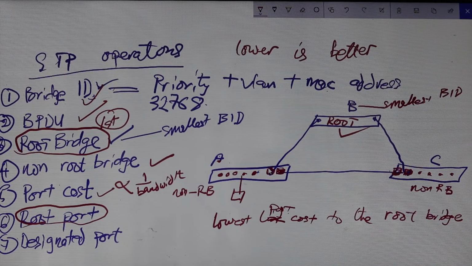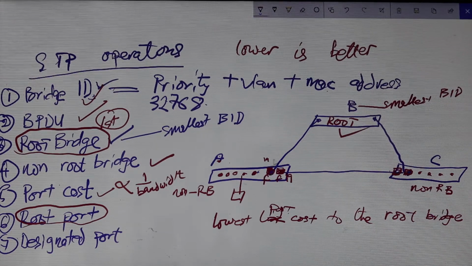So supposing these two ports are all fast Ethernet interfaces, okay? All of them will have port cost of 19 each, isn't it? So 19 here and 19 here. All right? So to go through this port here will cost you only 19. But to go through this port here will cost you 19 here, another 19 here, another 19 here.